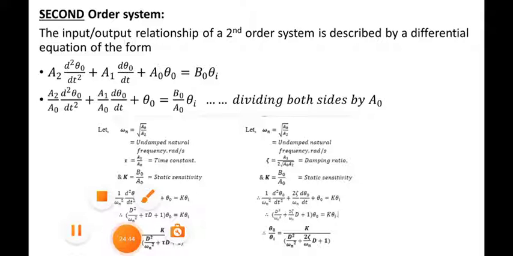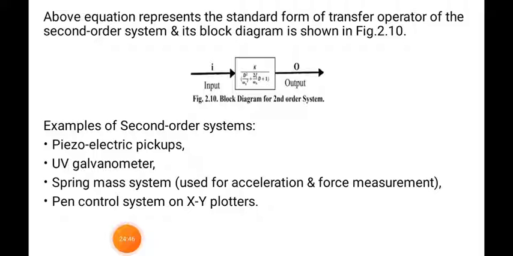Okay, now the above equation represents the standard form of the transfer operator of the second order system, and its block diagram is shown in figure 2.1. Here the input has the derived relation k by (d square by omega n square plus 2 psi by omega n d plus 1) and the output is the output signal.